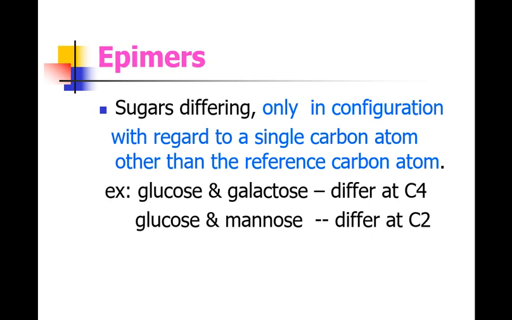So there is a difference in the configuration of these compounds on any single carbon atom other than the reference carbon atom. For example, glucose and galactose are called C4 epimers, glucose and mannose are called C2 epimers.